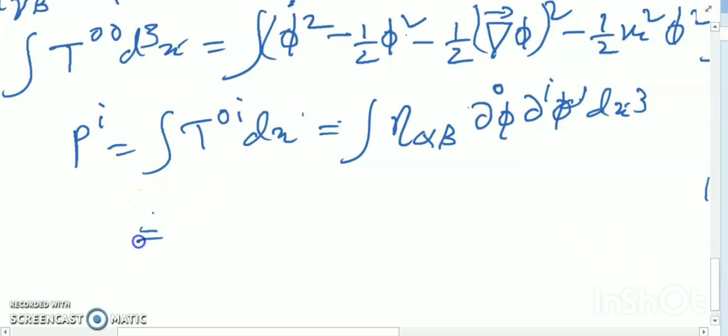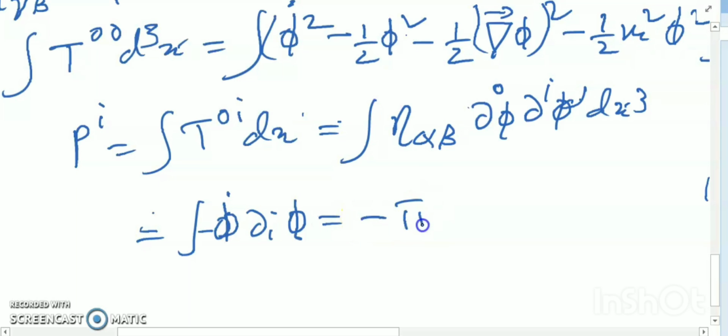So this can be written as phi minus phi del i phi, which is equal to minus the integration of del i phi d cube x. So del mu phi is equal to the gradient of phi.